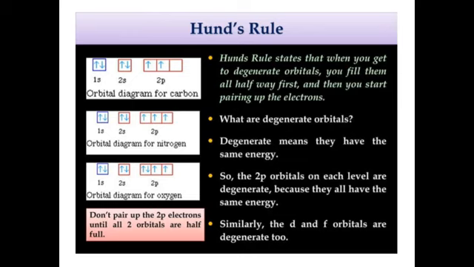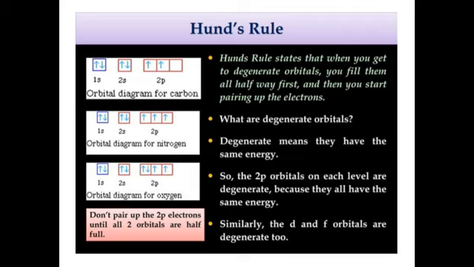Now let's look at oxygen. Oxygen explains it better: 1s2, 2s2, 2p4. In the case of oxygen, you fill them singly. That means 1, 2, 3, one in each box of the 2p. Now there is 1 remaining. You go back to the first one and pair. So you fill singly before pairing for a degenerate orbital.